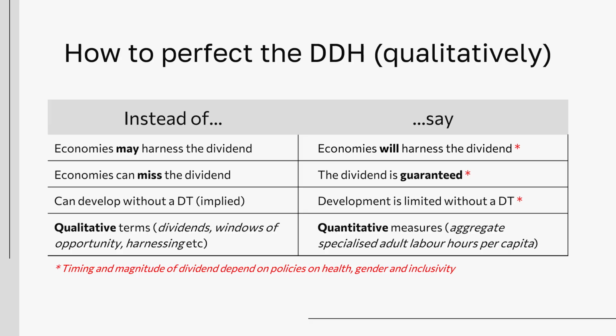It makes no sense to look at one population that, say, has 2 workers for every 10 people and then compare them to another nation that has 6 workers for every 10 people and start telling the country with those 2 workers that they might miss the dividend and windows of opportunity, harnessing, and all that stuff.